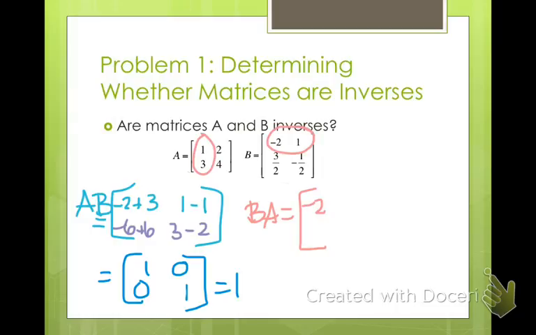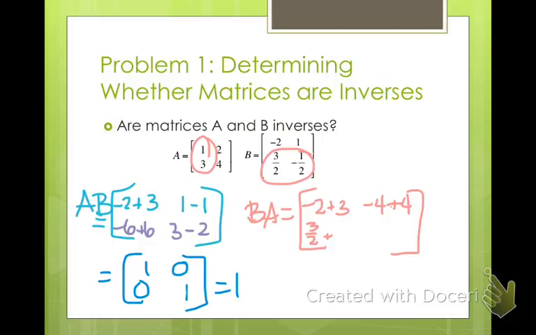So I have negative 2 plus 3, and I have negative 4 plus 4, and then along the other side I have 3 halves plus, hold on a second.